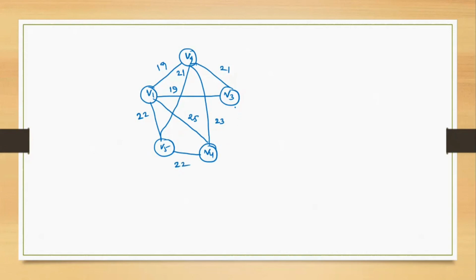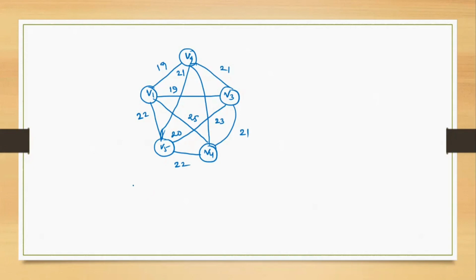V4 to V3, suppose the cost is again 21 units. So altogether all have been covered. Okay, fine. Let us make a connection from V5 to V3 and assume the cost is 20 units. V5 to V2 is already connected. So assume that this is the graph given.